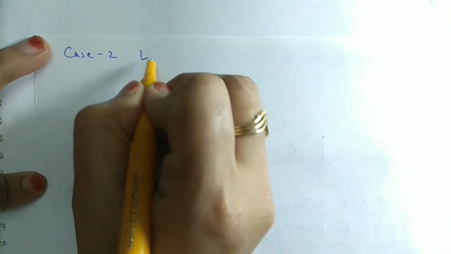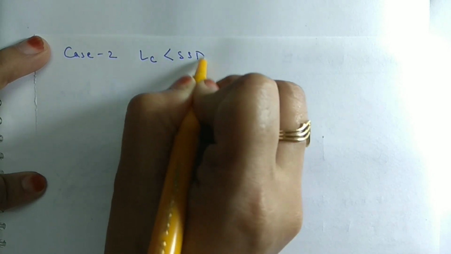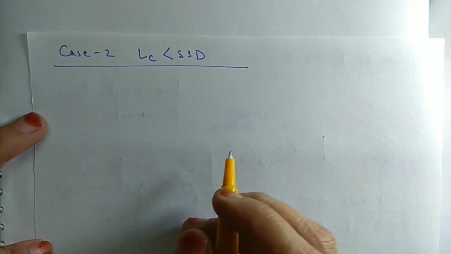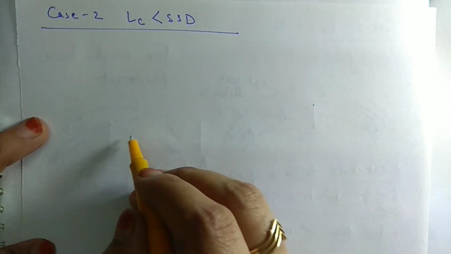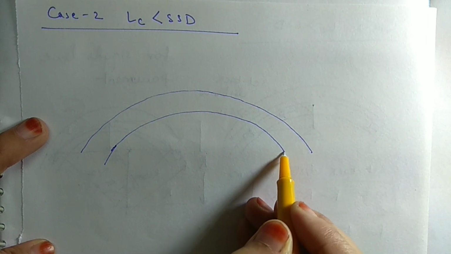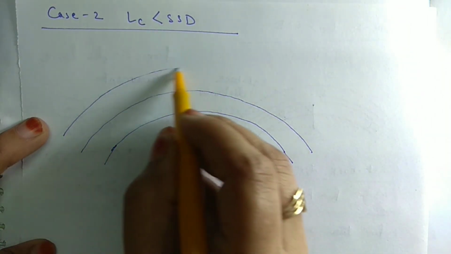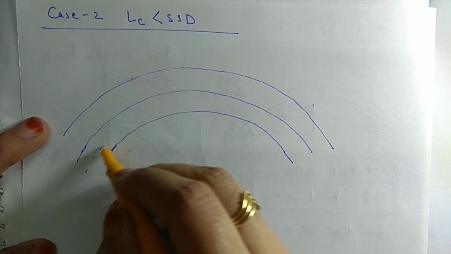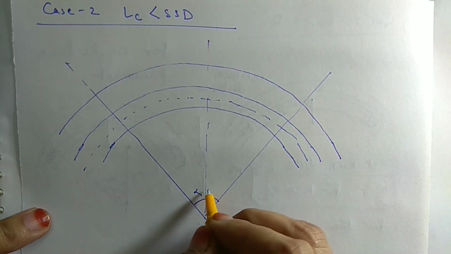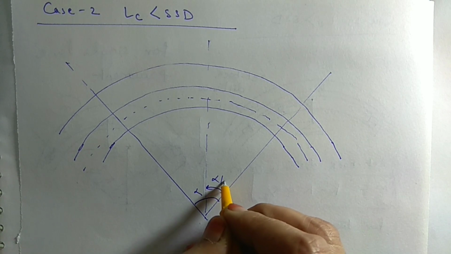Now consider the second case, where the length of curve is less than SSD. How can we calculate that? Let me draw first. This is the pavement, and I am considering two or more lanes. Suppose this is a 2-lane pavement, and this is the center line of the inner lane. Suppose this angle is alpha, so this will be alpha by 2.